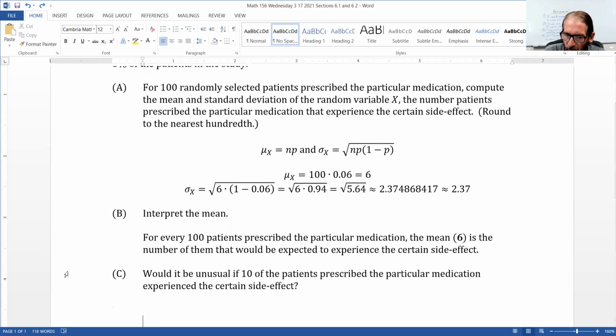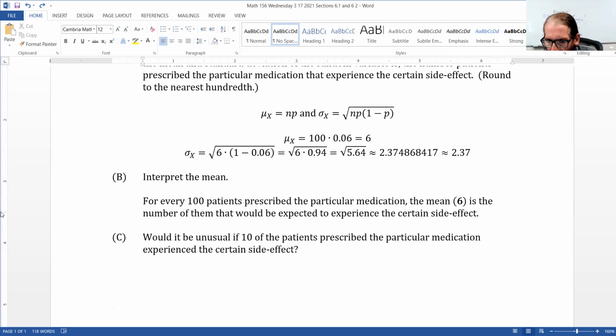And finally, would it be unusual if 10 of the patients prescribed the particular medication experienced the certain side effect? As I've stated before, this can slide around a little bit. What do we call an unusual event? For right now, we're going with an unusual event being an event with a probability below 5%.